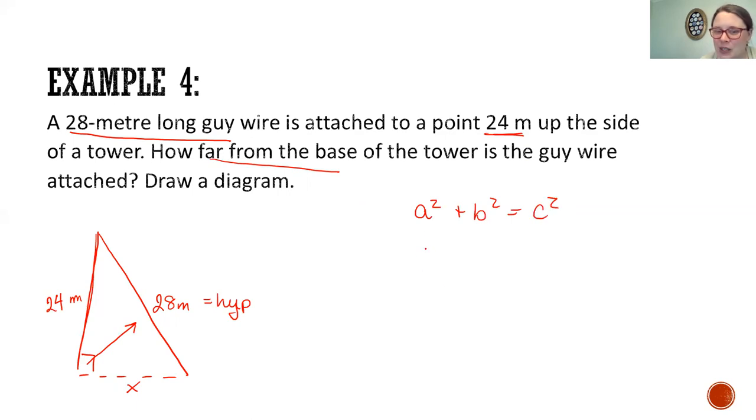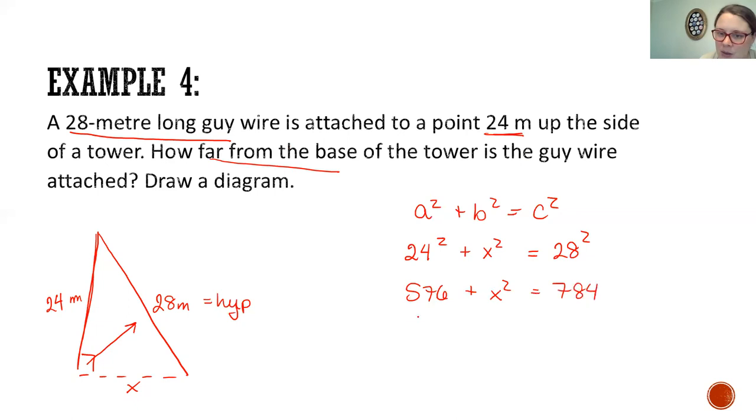It doesn't matter what a and b are, so 24, and we'll go with x, equals c squared, our hypotenuse, that's the 28. Let's expand it. 24 squared is 576 plus x squared equals 28 squared, which is 784.